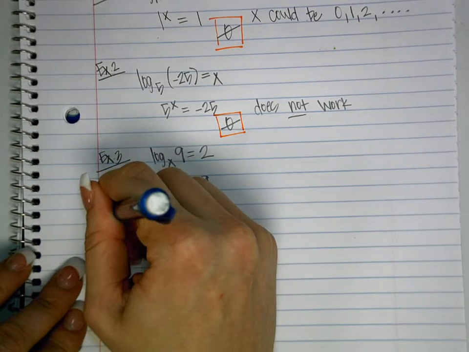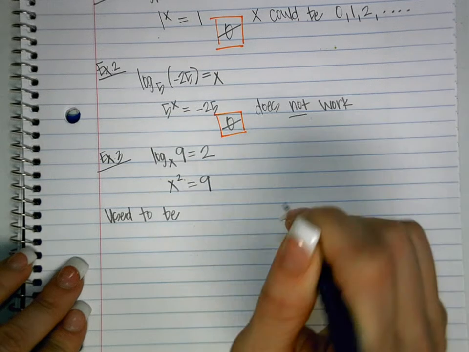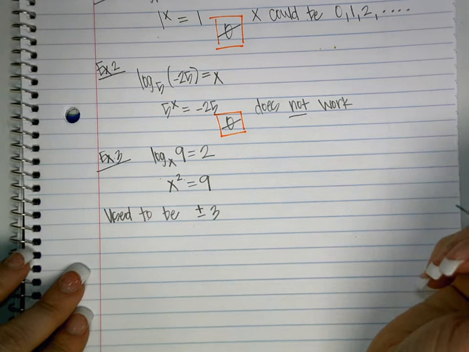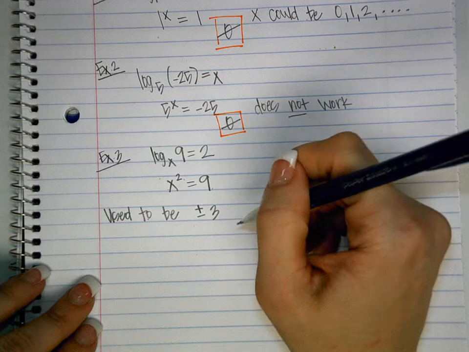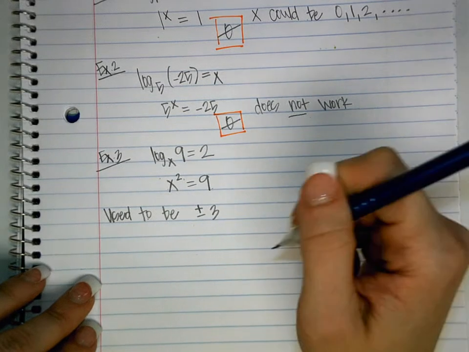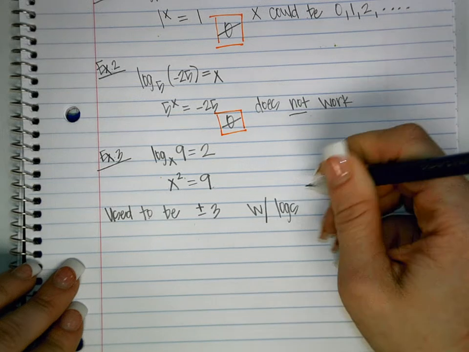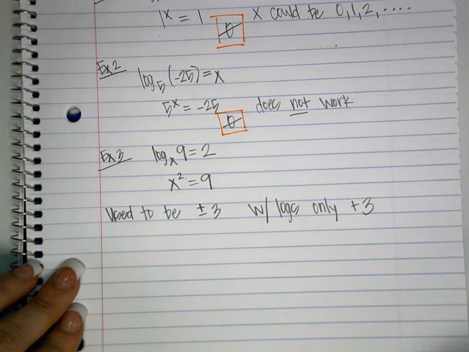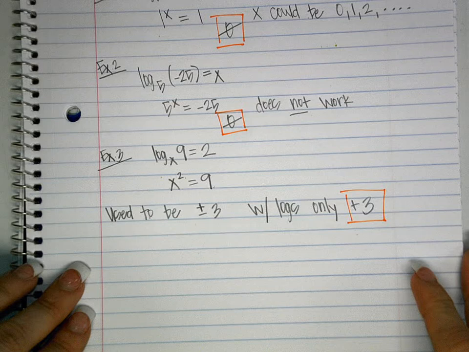What's your answer here? x equals 3. Is that it? No. It used to be positive or negative 3. Remember, when we put in a square root on both sides, you have to put in a plus or minus. When we are dealing with logs, you only write the positive answer.